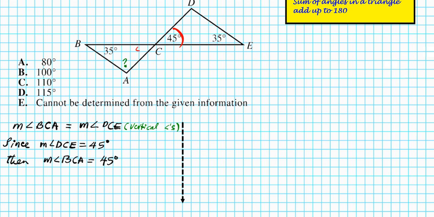So do we have enough information to figure out the measure of angle BAC? Certainly we do, because we know they all add up to 180, right?